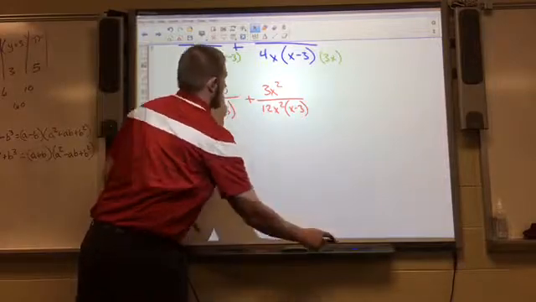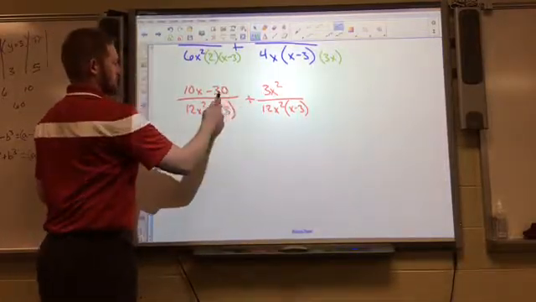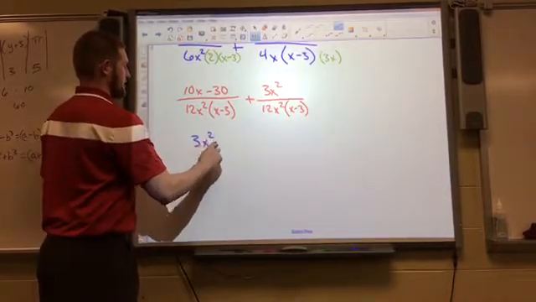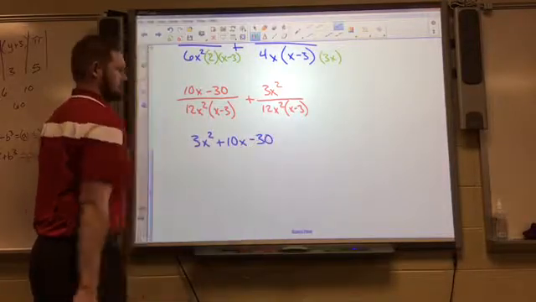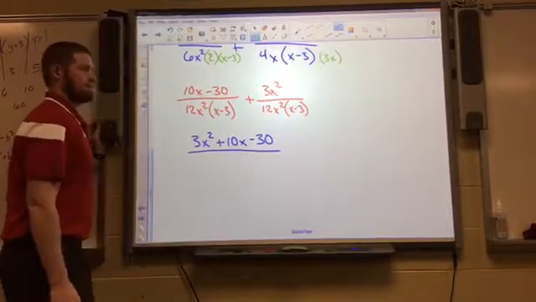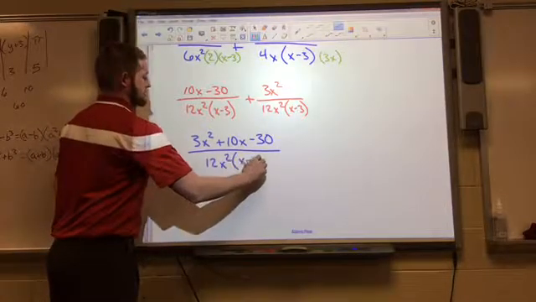So now, when I add things, can I combine this 3x squared with either of these? No, so I just need to write it as 3x squared plus 10x minus 30. So that's what I have on top. On the bottom I have 12x squared times x minus 3.